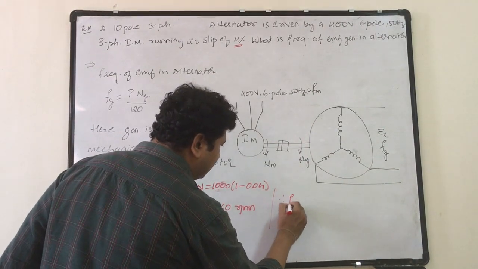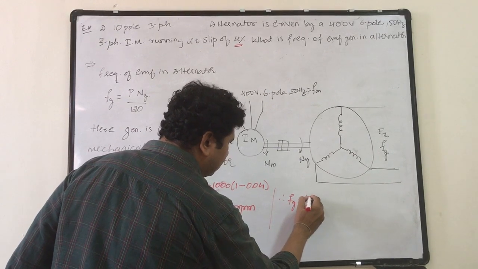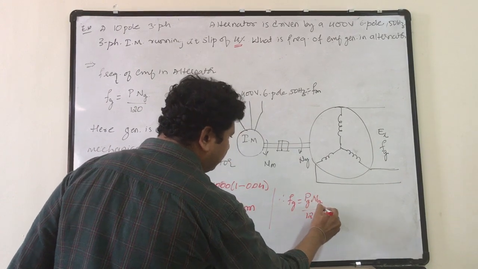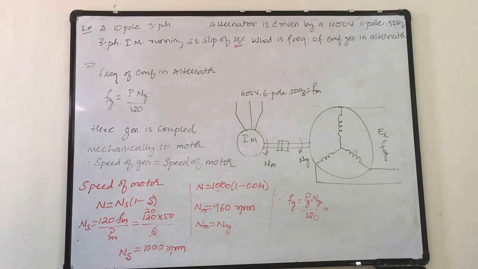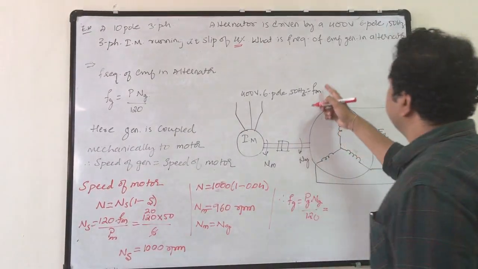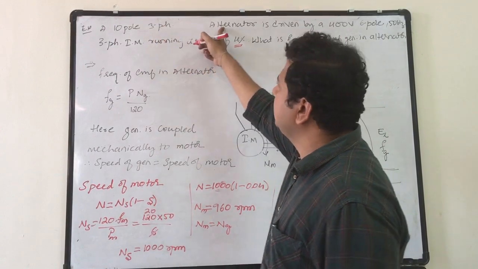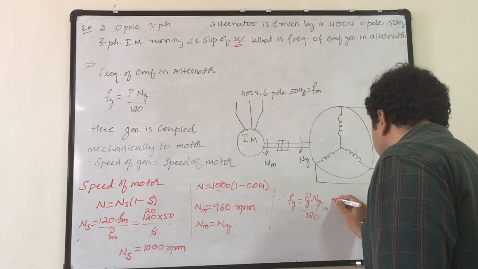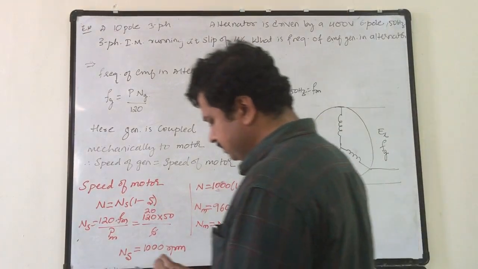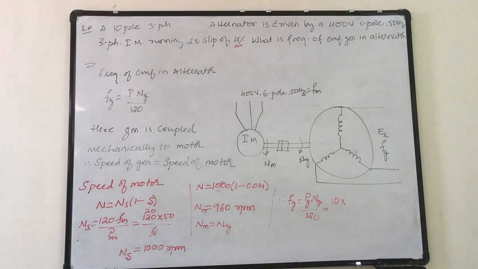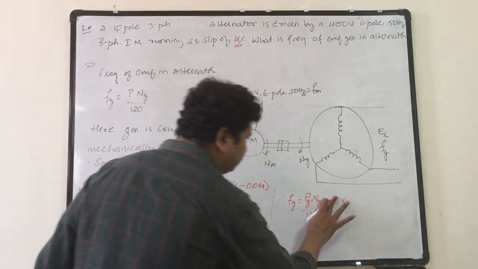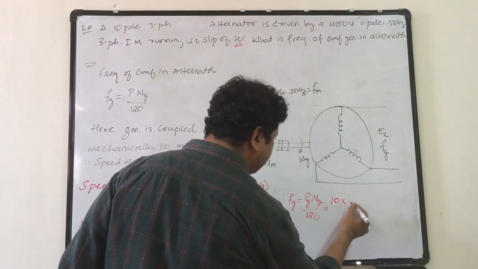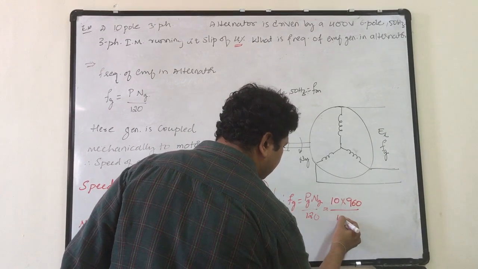Therefore Fg is equal to Pg into Ng divided by 120. Pg is the number of poles of the generator, a 10 pole 3 phase alternator. So number of poles of generator is 10. Therefore 10 into Ng, which is 960, divided by 120.